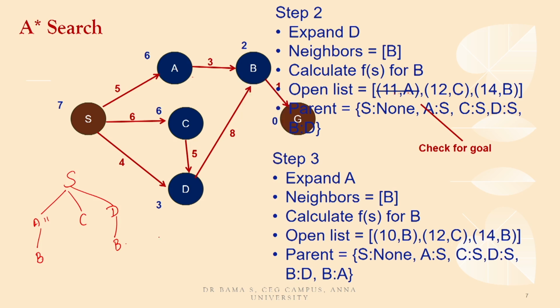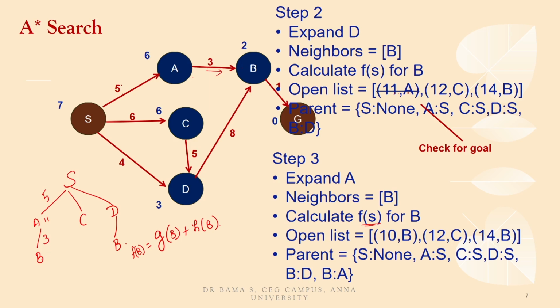The G of B, now we have to calculate G of B plus H of B, that will be for f of B. So, G of B will be from S to A it is 5 and from A to B it is 3.